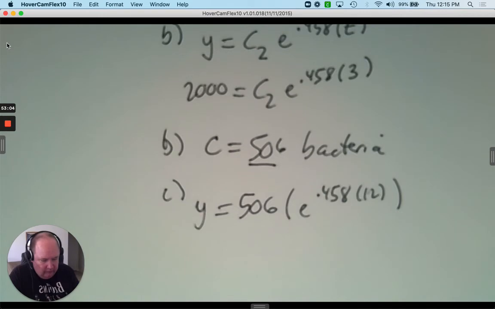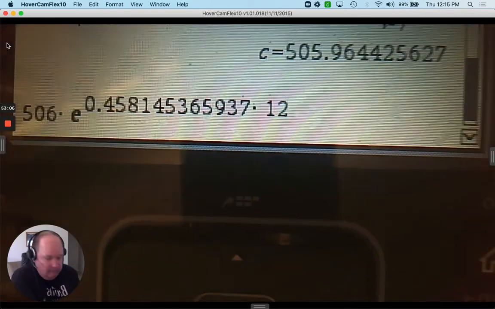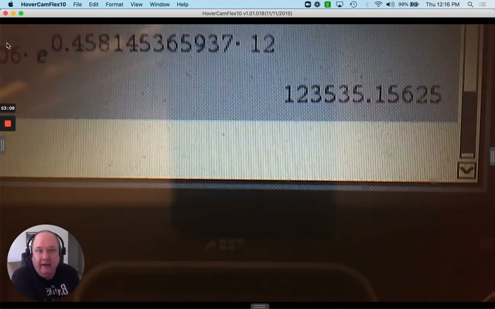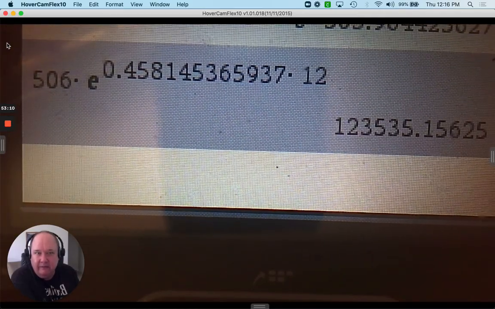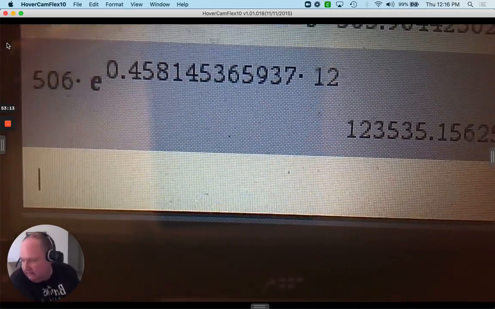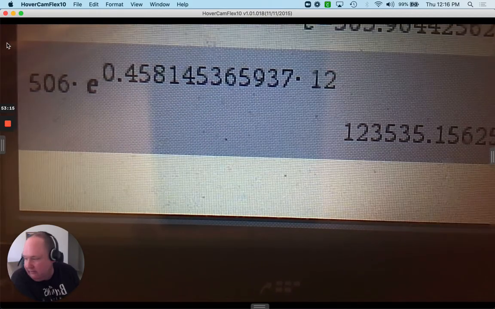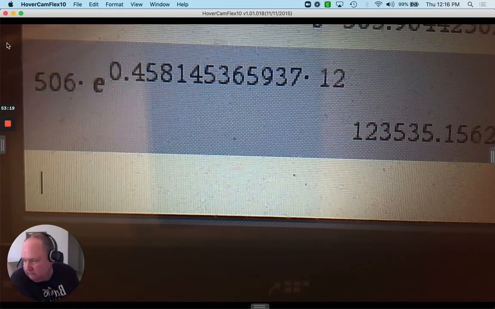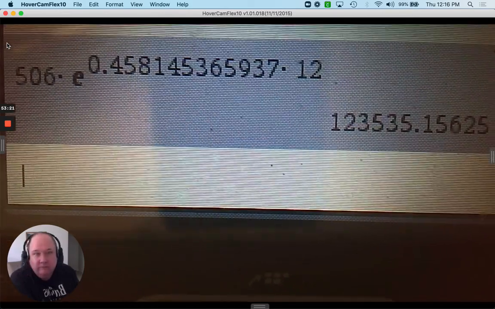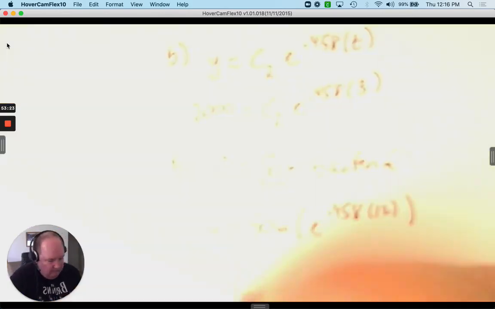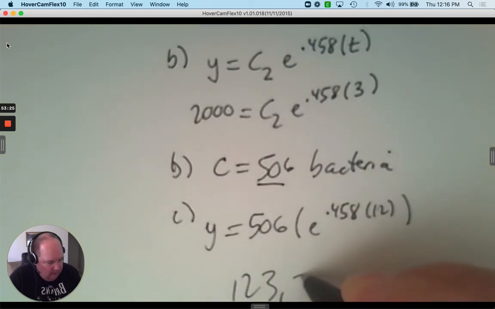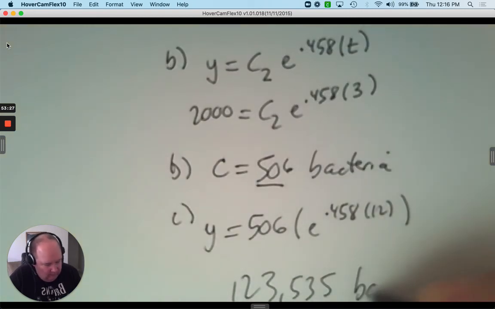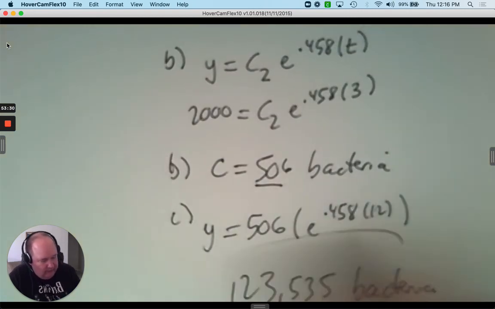So this is what it looks like for me. And I get that many bacteria, 123,535, after 12 days.